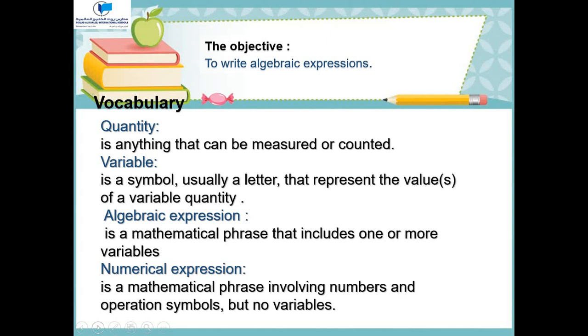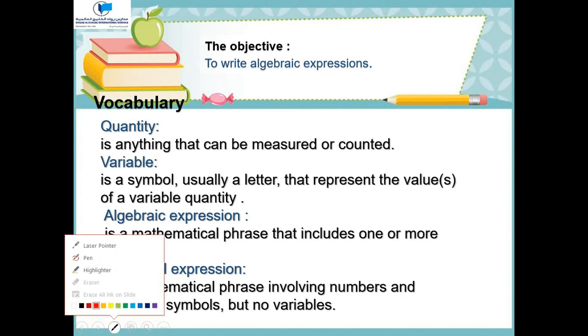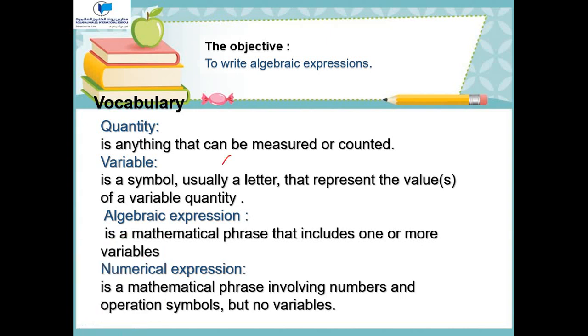Let me show you some examples. We can say x is a variable, y is a variable. Any symbol that's a variable represents something. An algebraic expression is a mathematical phrase that includes one or more variables, such as x plus 1, for example.